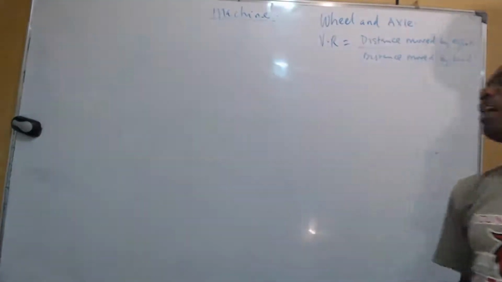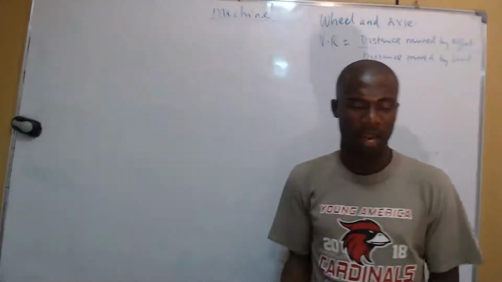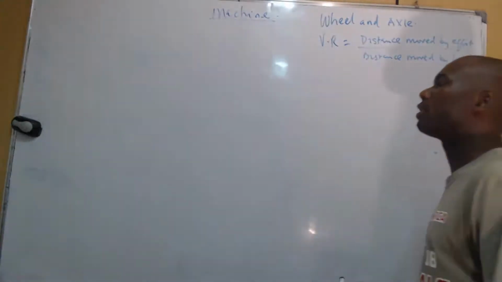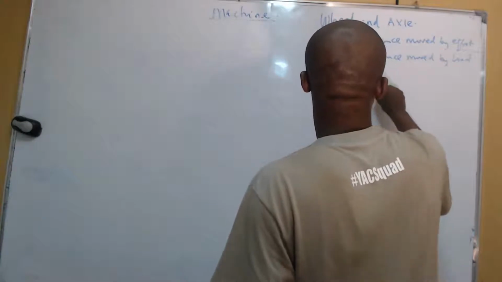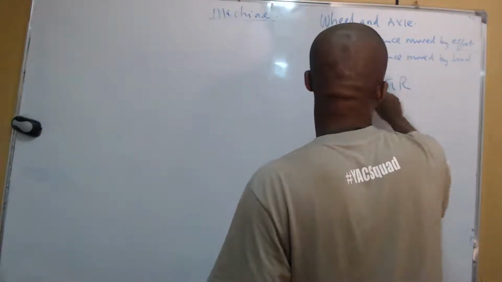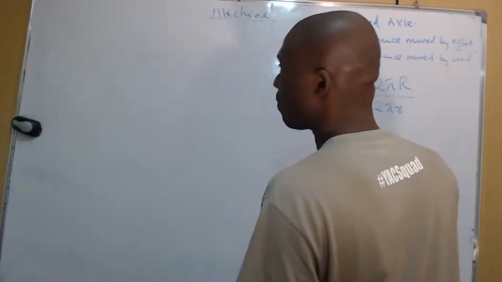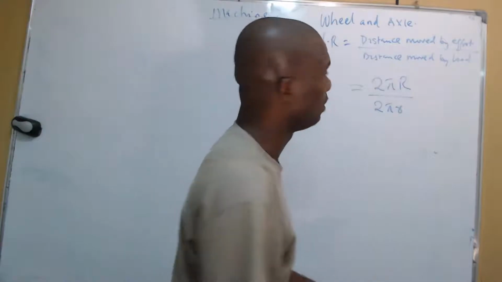An effort is usually applied, a force is applied for a load to move a particular distance. And it is given as 2 pi big R over 2 pi small r. This is the circumference of the wheel, and this represents the circumference of the axle.